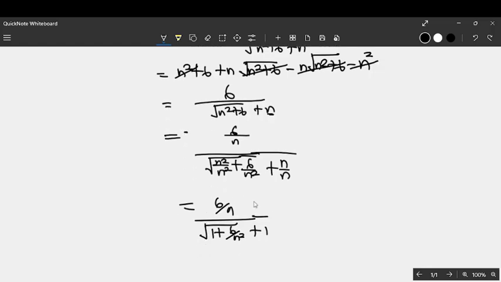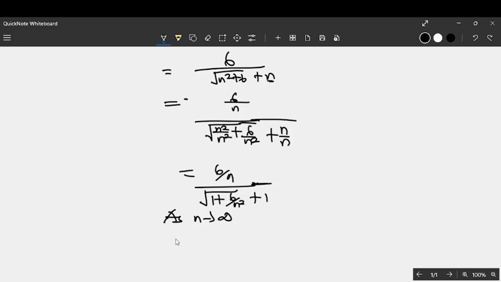The next thing to do is to substitute n as it approaches infinity. So as n approaches infinity, we are going to have 6 over infinity, all over the square root of 1 plus 6 over infinity squared, plus 1.